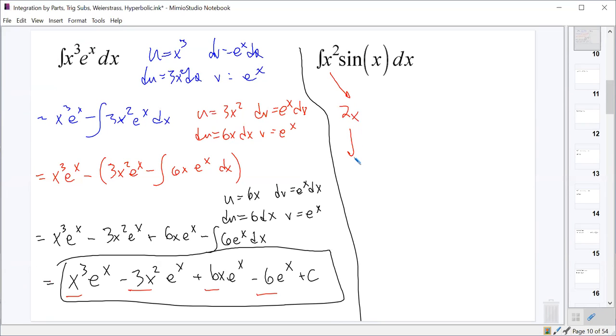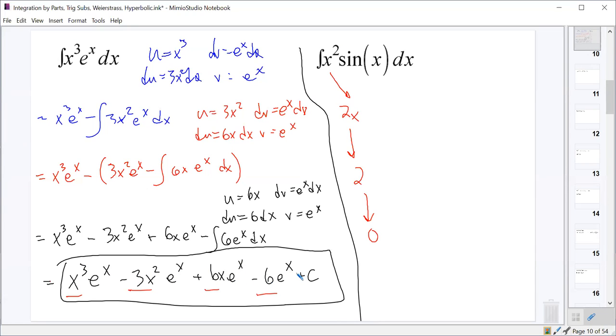And then the derivative of that, 2, and then the derivative of that, 0. Anytime we can differentiate down to 0, we should be able to follow the same pattern of function times integral, minus next derivative times next integral, plus next derivative times next integral, minus next derivative times next integral, just by flipping signs.